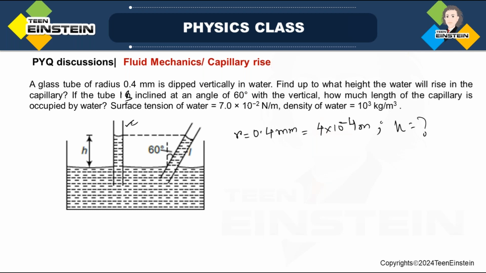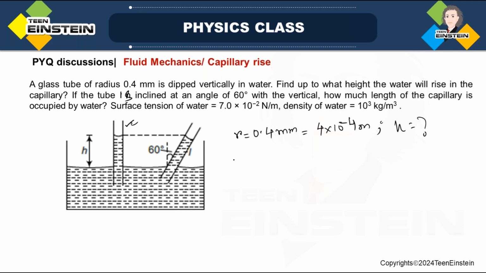Angle of contact is not mentioned here. If in some cases the angle of contact is not mentioned, we should simply take the angle of contact equal to 0, because glass and water always have a very small angle of contact, less than 10 degree, sometimes 8 degree.